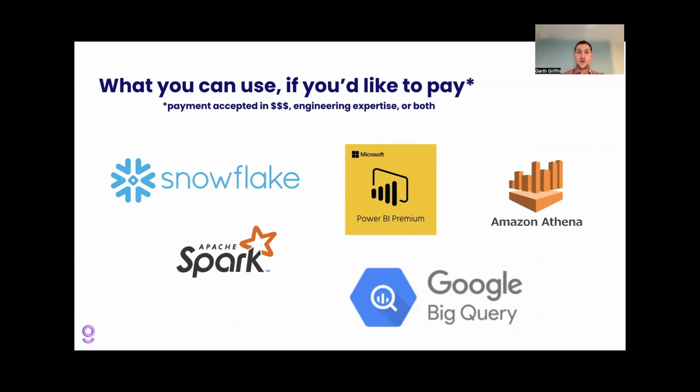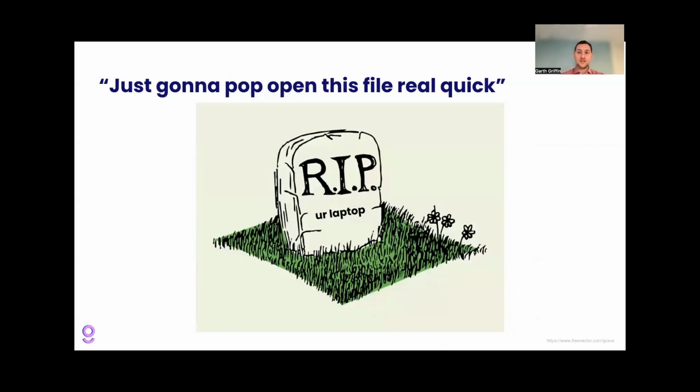If you're willing to pay or spend some engineering effort to get it working, there are solutions, and I've listed some of the more popular ones here. So there are answers out there. But the point is, if you have a billion row file and you just want to pop it open and see what's going on, it can be quite difficult.